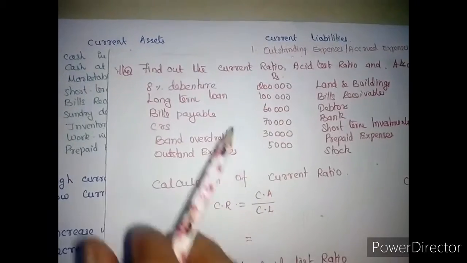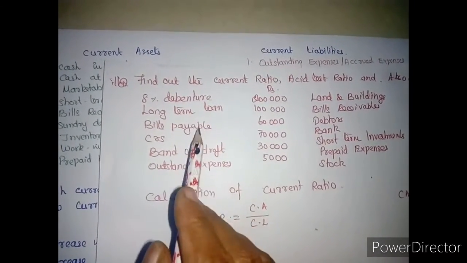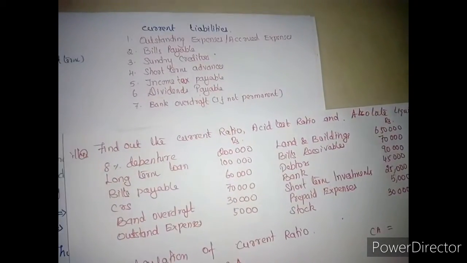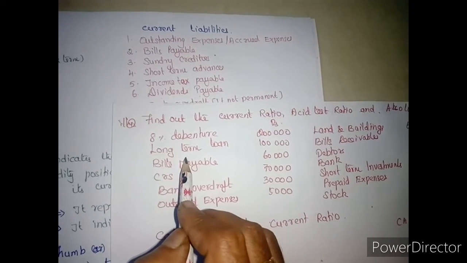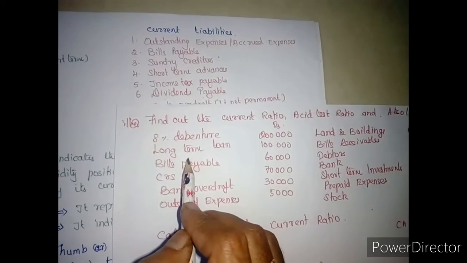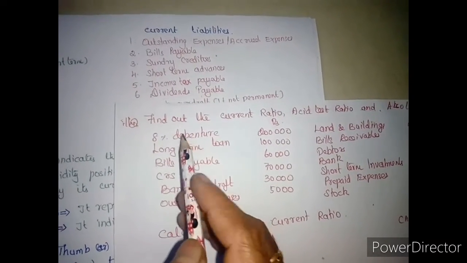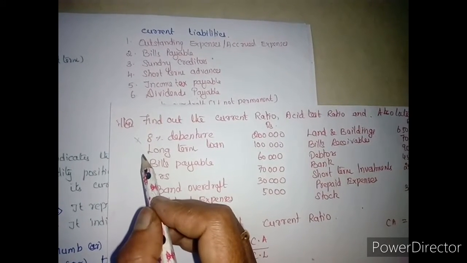Now we are going to see the problem. First we mark the current liabilities. 8% debenture is a long term liability, it will not come because we have to take only current liabilities.